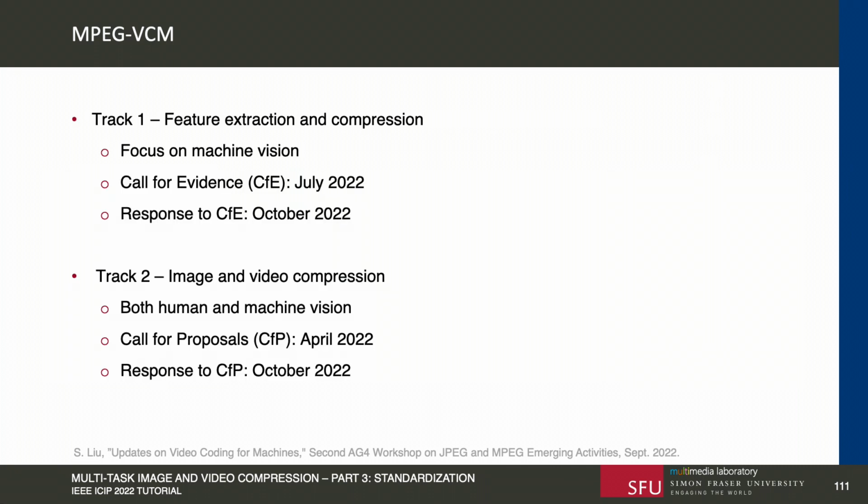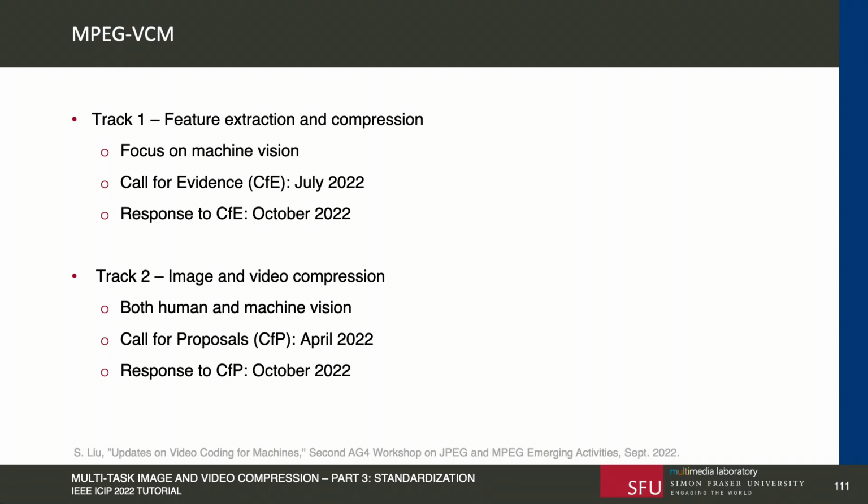The work in MPEG VCM has been divided into two tracks. So track 1 deals with feature extraction and compression, where the focus is purely on machine vision tasks. That track runs a little bit slower, and it's currently at the call for evidence stage, which was issued in July 2022, and the response to the CFE is expected in October 2022.